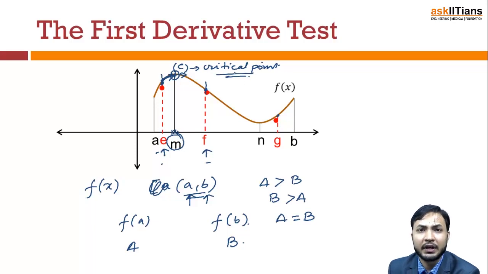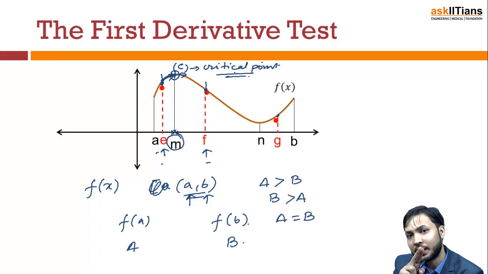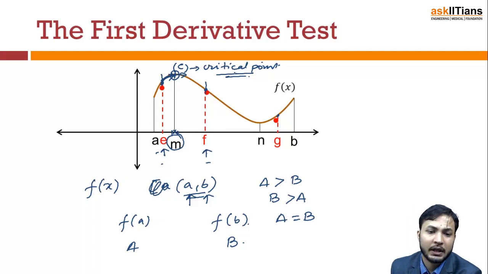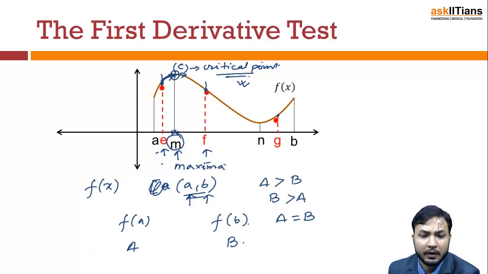The critical point is the point where the value was increasing, and after which it changes and becomes decreasing. That critical point provides me the maxima. This is the point where I achieve my maxima.